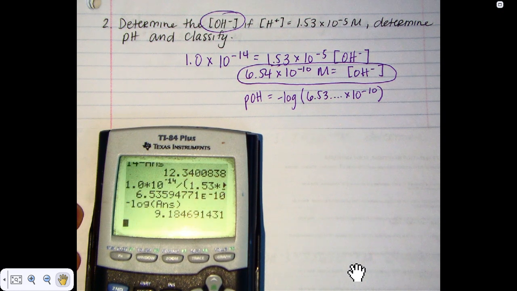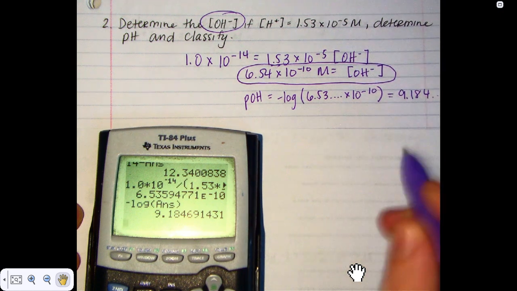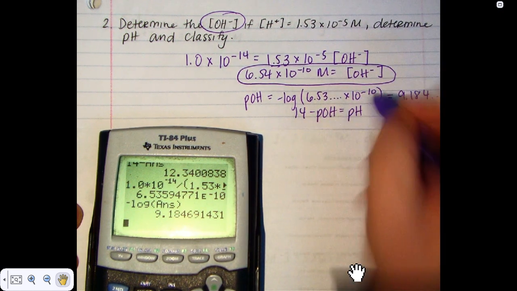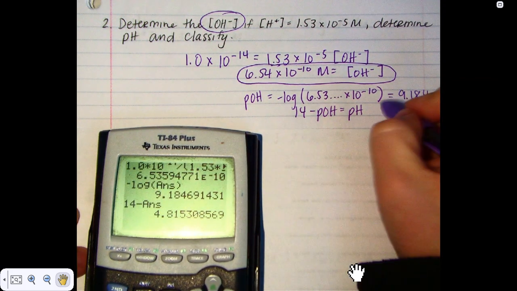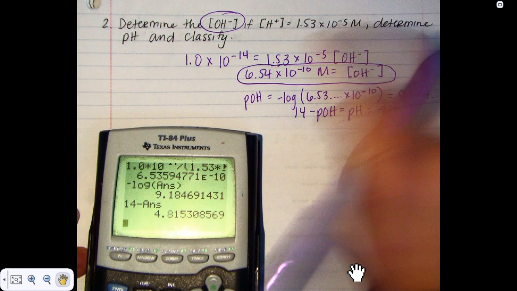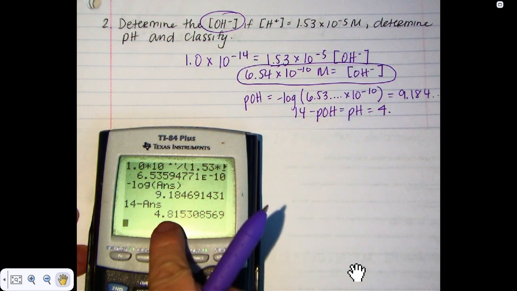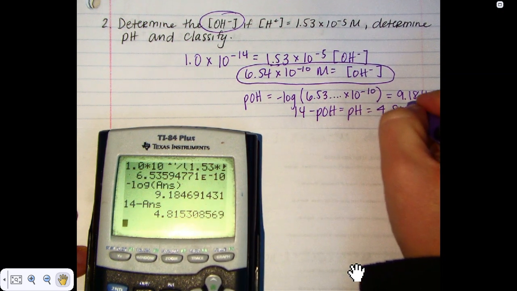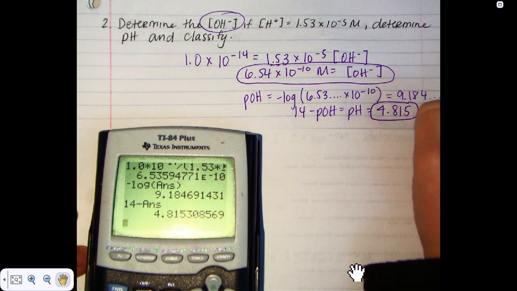And there's my pOH, 9.184 and change. And 14 minus the pOH is going to give me the pH. So 14 minus second answer. All right, so 4 point, I have 3 sig figs, so 3 decimal places, 8, 1, 5. So that's my pH, and this is less than 5, so it is a strong acid.